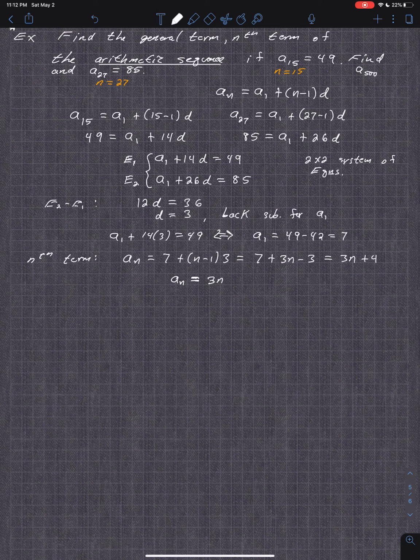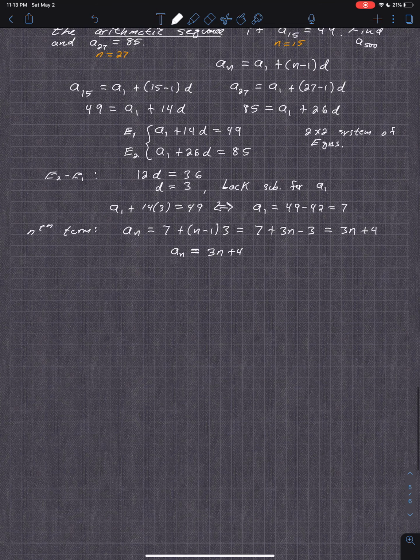That's the idea. And then use this to calculate a sub 500. Otherwise, you'd have to do 500 terms of the sequence, which I've seen some strange things before, but I don't want you to do that. I want you to use the function: a sub 500 is 3 times 500 plus 4.